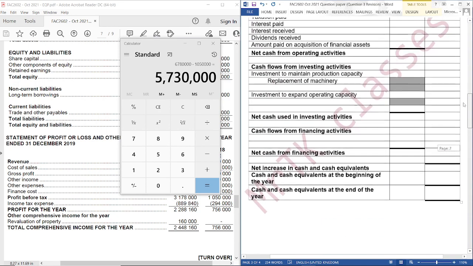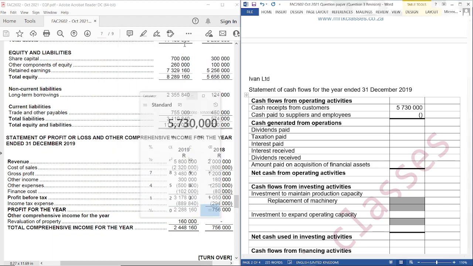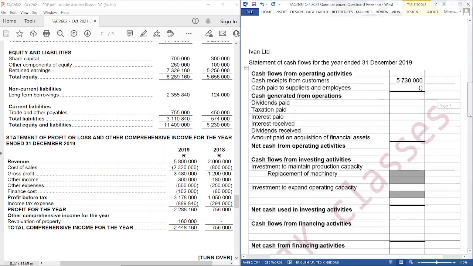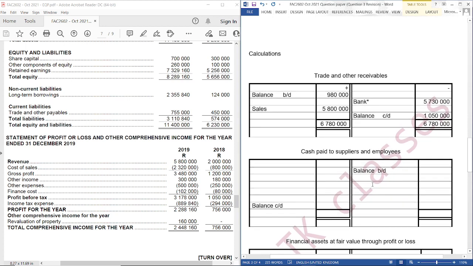All right, so we move on to the next line item, cash paid to suppliers and employees. We are going to use this ledger account, and our balance brought down is 450,000.